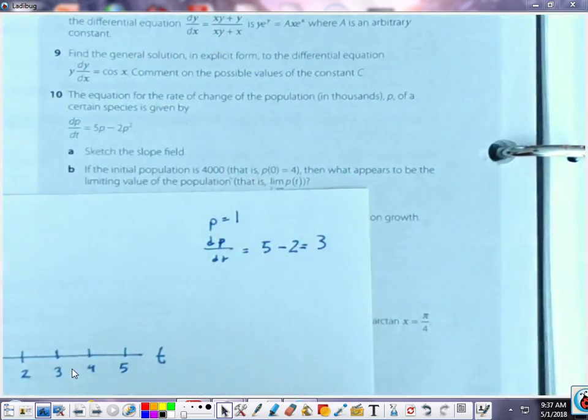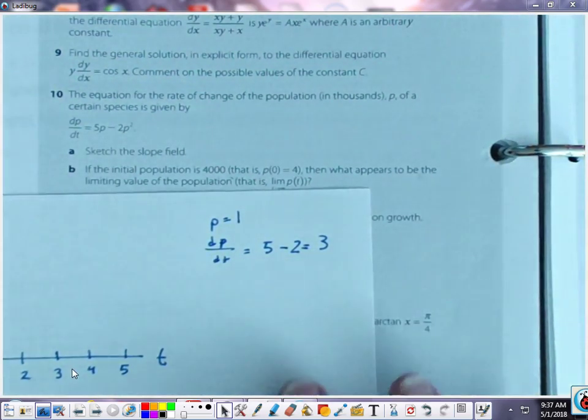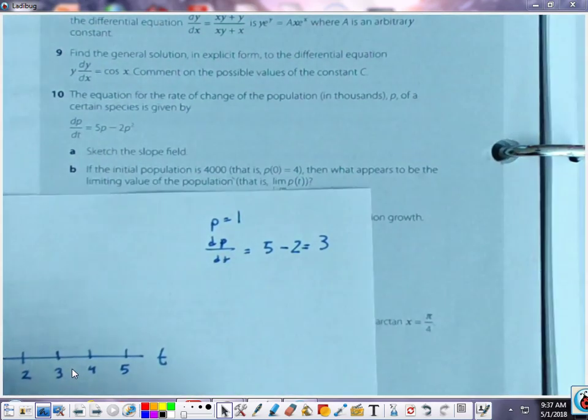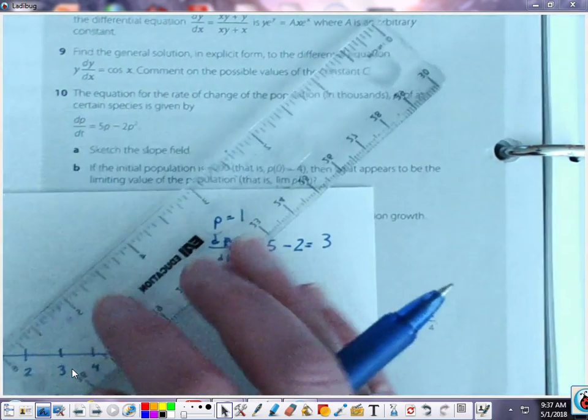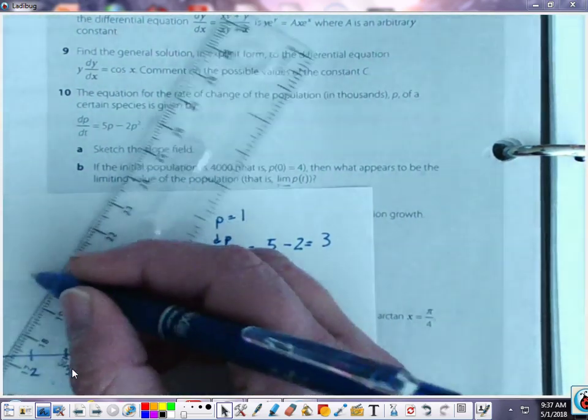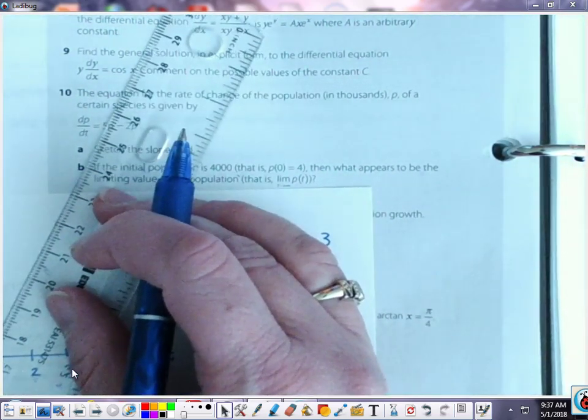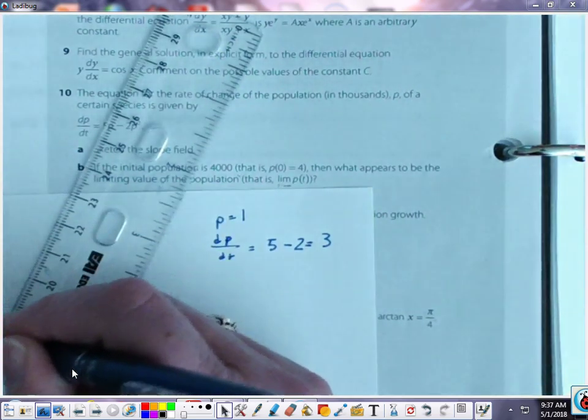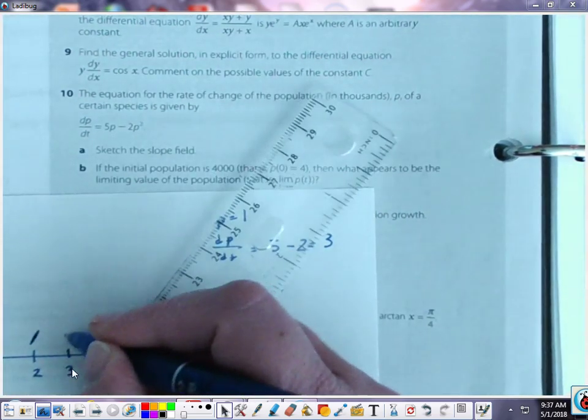So I need a little slope of 3 anywhere P is 1, all along here. There's my little dot, up 3, right 1, so pretty steep. And you're just going to do that all along.